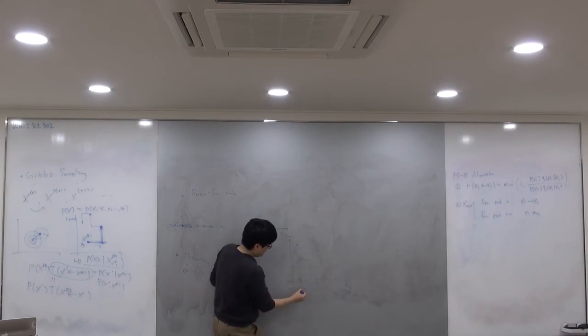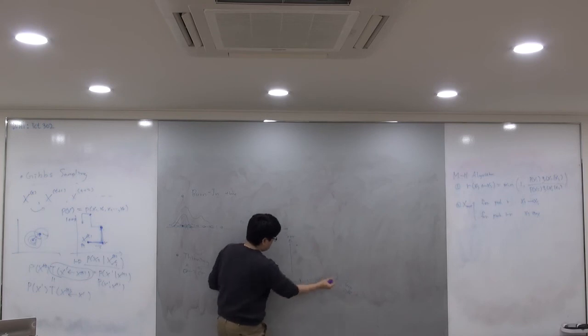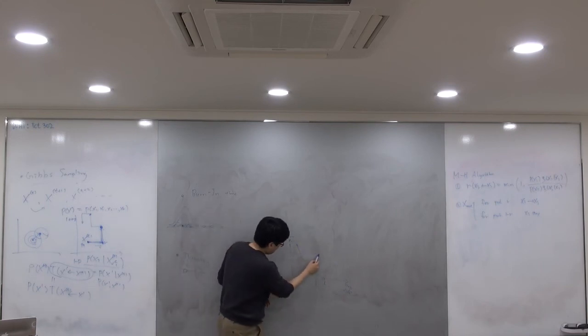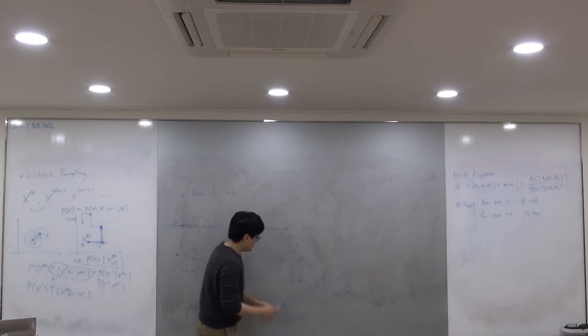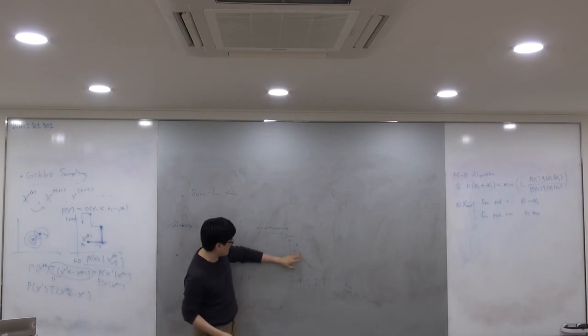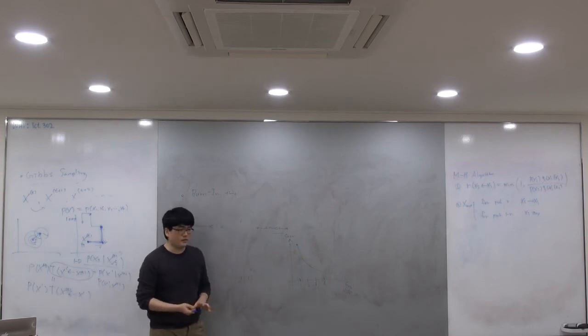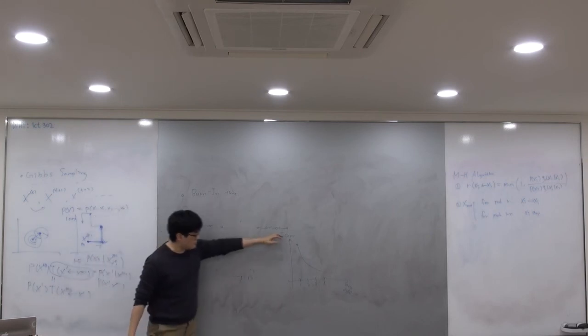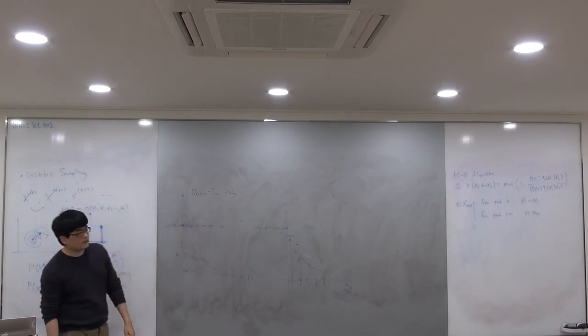But as the t difference, 1, 2, 3, gets larger, your correlation value will decay exponentially. If it doesn't, if it keeps like this, then you need to throw away more samples to reduce the dependency. So sometimes you need to plot this kind of correlation graph.